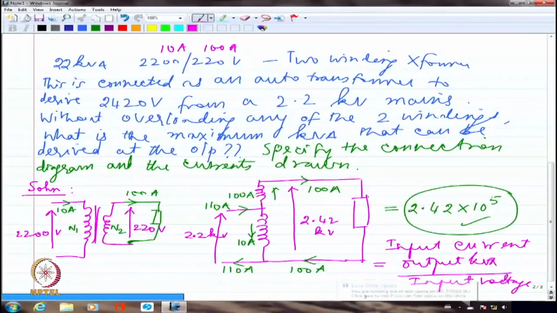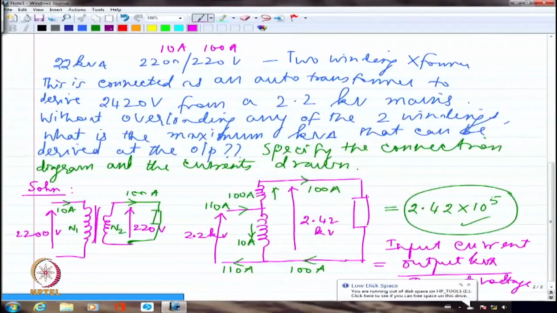So I would be able to definitely multiply the capacity by a very, very large factor in the case of an auto transformer if I have the primary to secondary turns ratio in the two winding transformer to be large. No doubt. But if I had designed this winding only to have 220 volts, it will not withstand say 2.2 kilovolts.